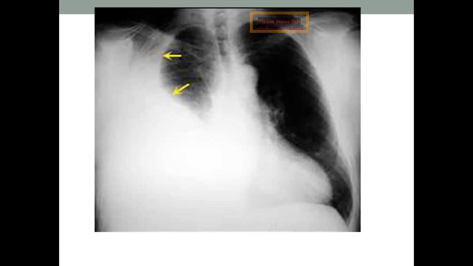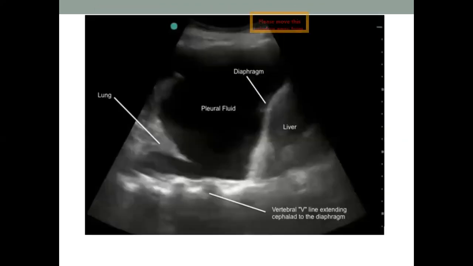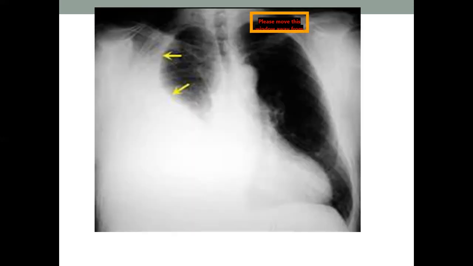When you see an X-ray like this and the previous one, then one should do chest ultrasound. On ultrasound chest, here, this is the ultrasound. On X-ray, effusion will be white.